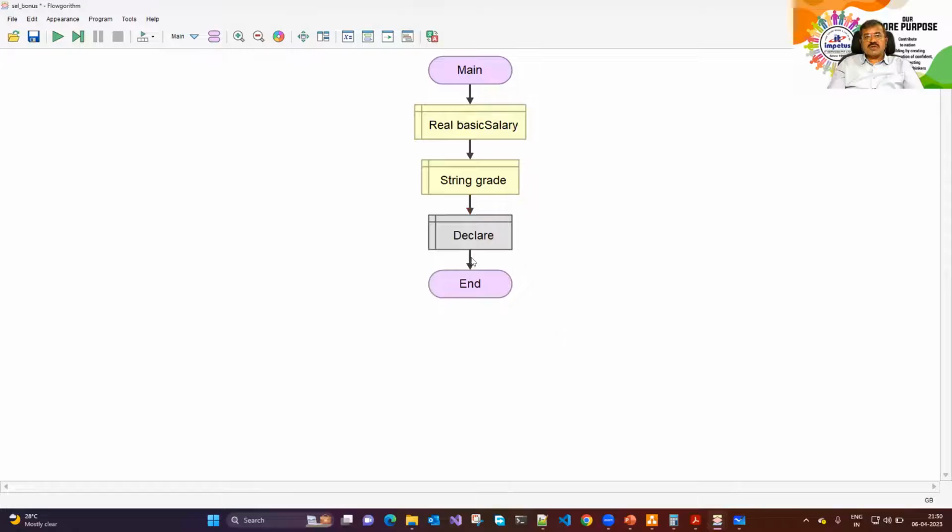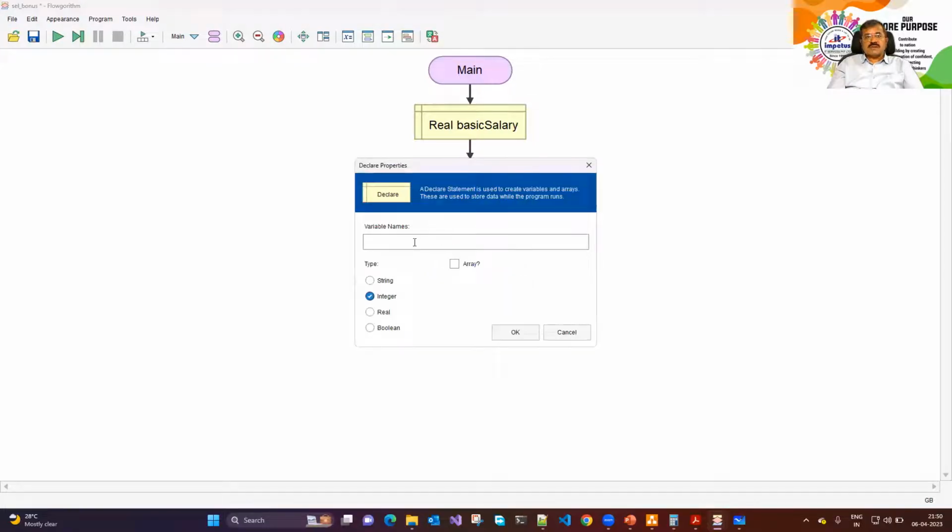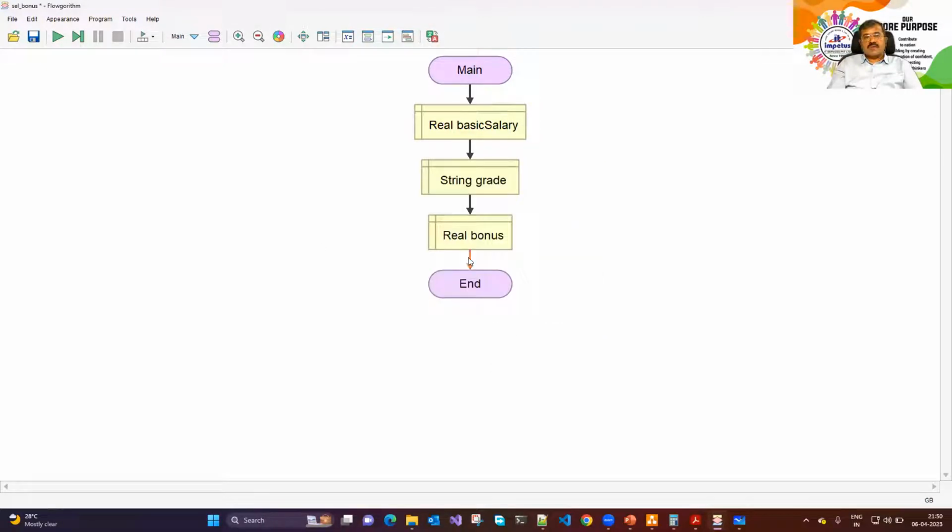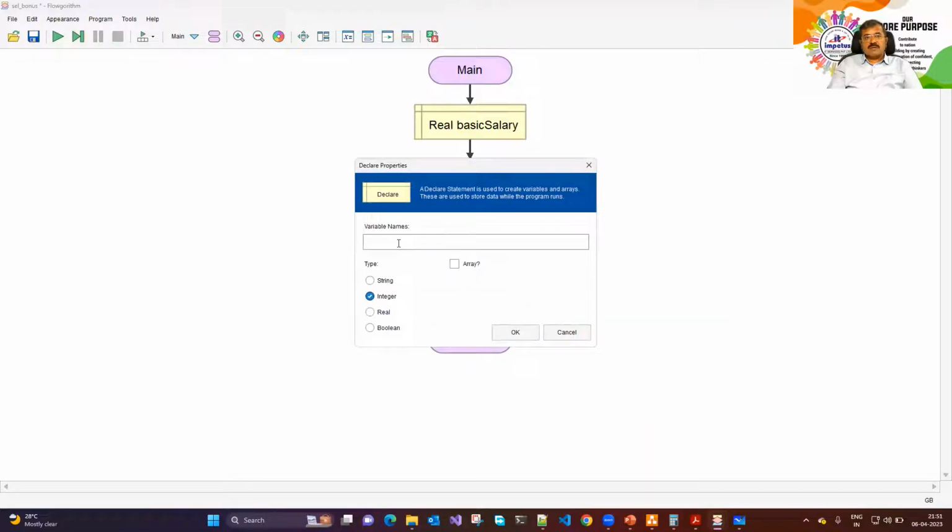We are also supposed to create a few more variables. The bonus. But bonus can be a real number. Then we had the rate of bonus. Bonus rate. And that was real.